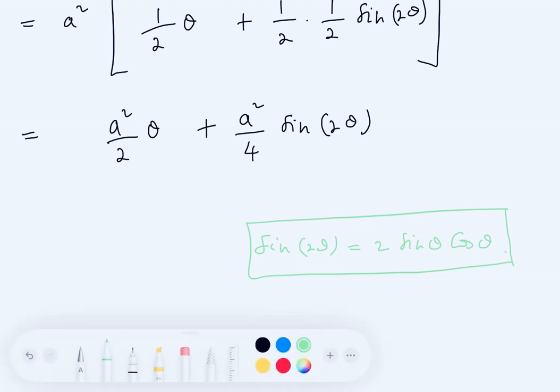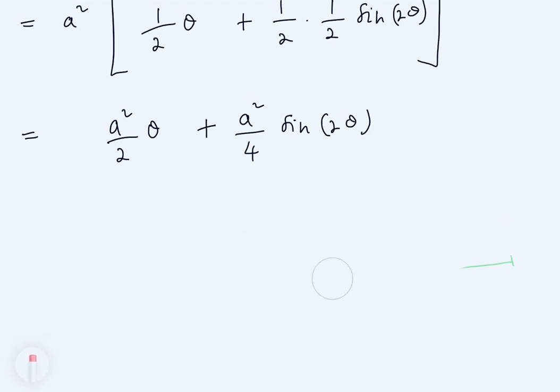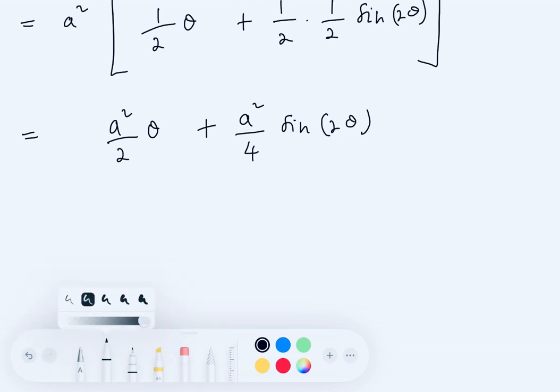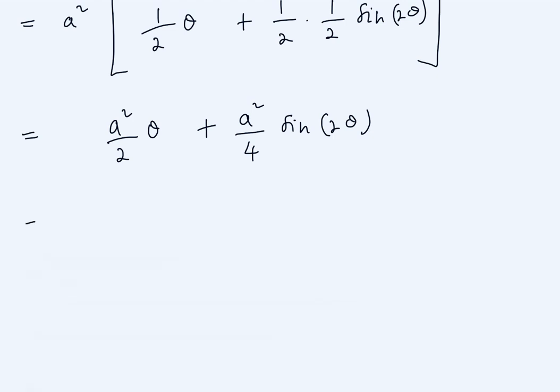So let's go ahead and do that. Let's use this identity to replace sine 2 theta, and after that we will replace theta and write it in terms of x. So we have a squared over 2 multiplied by theta plus a squared over 4 multiplied by, now we replace sine 2 theta with the identity, which is 2 sine theta multiplied by cos theta.